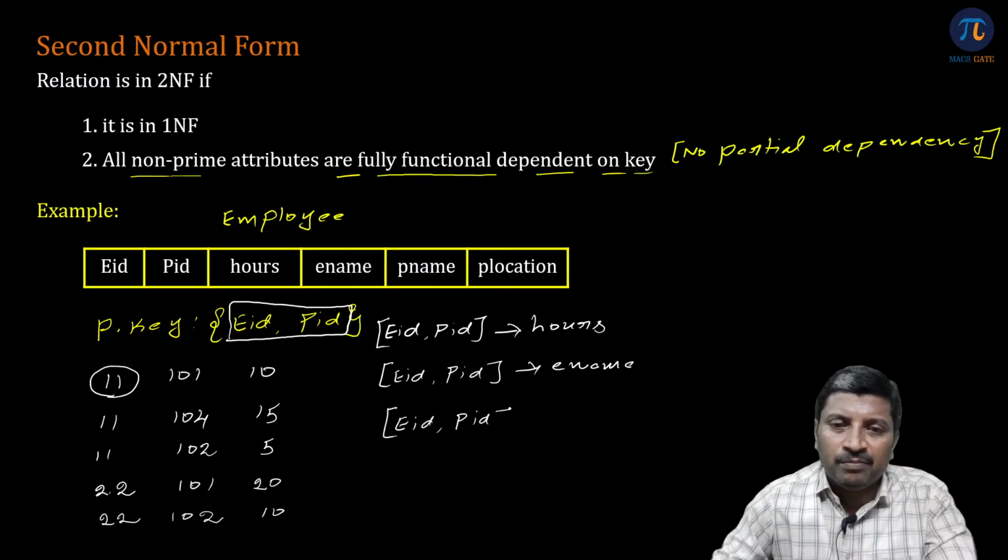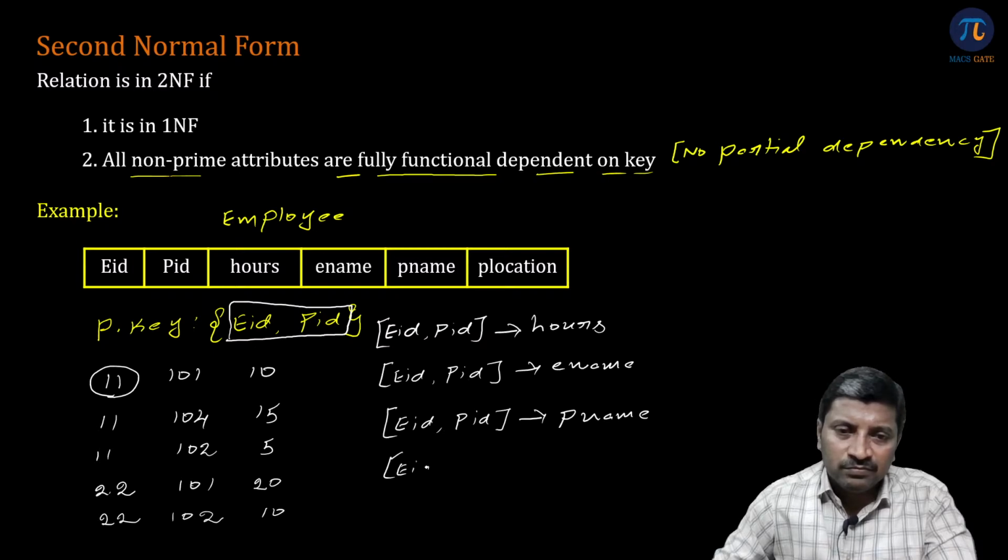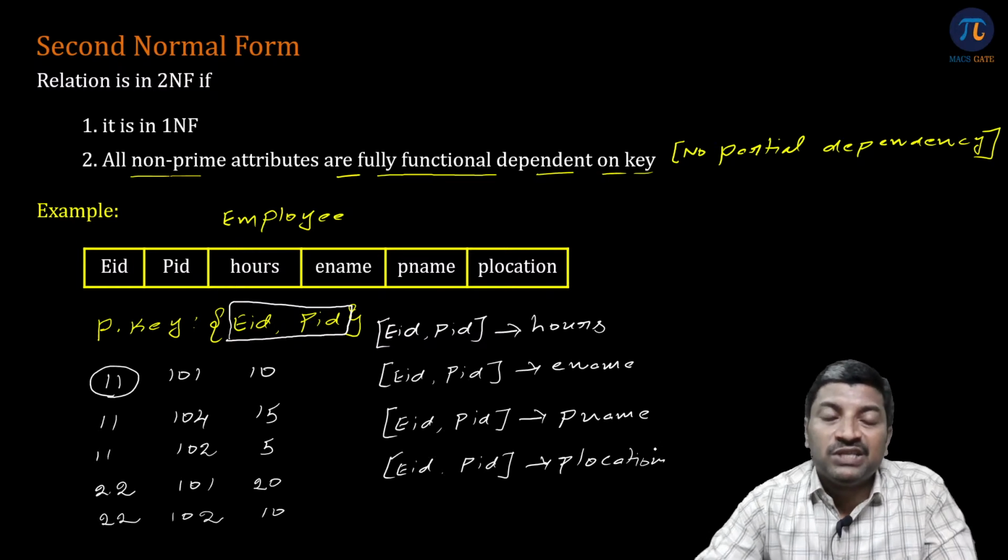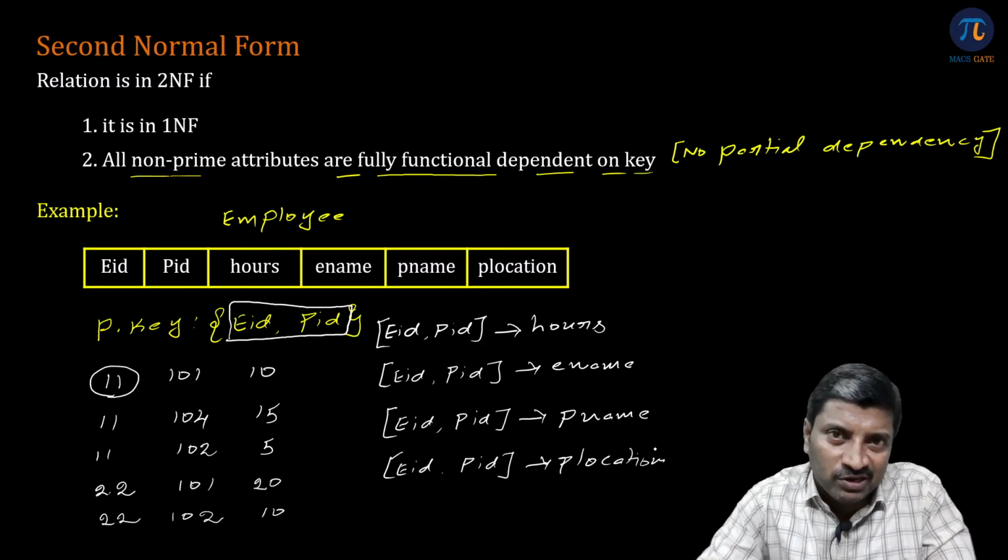Employee ID, project ID will imply project name also. Similarly, project location, right? So this is the assumption about this particular employee.